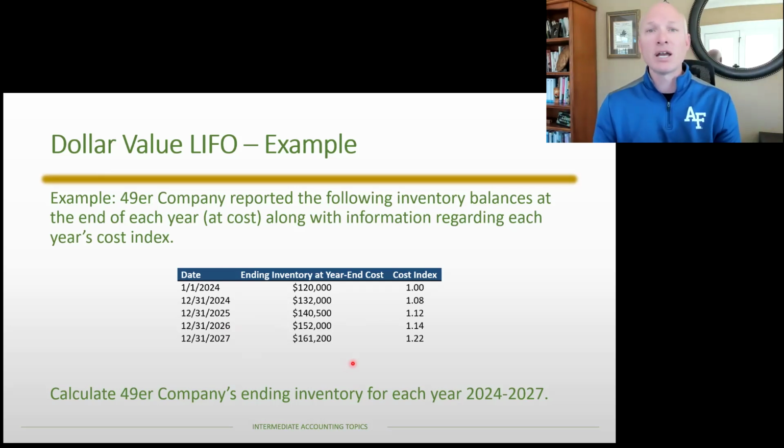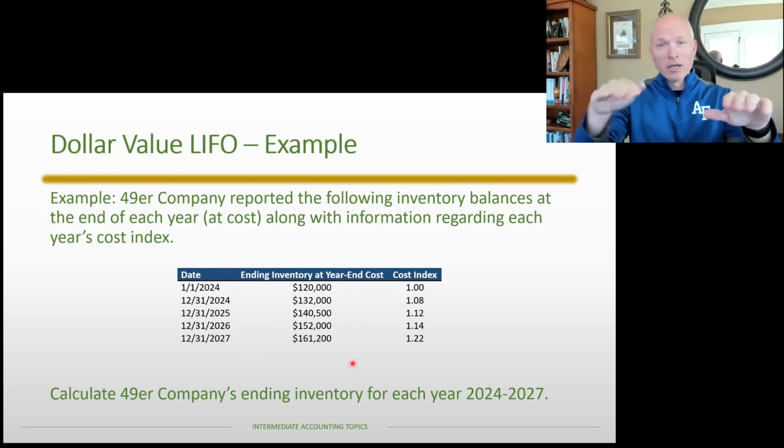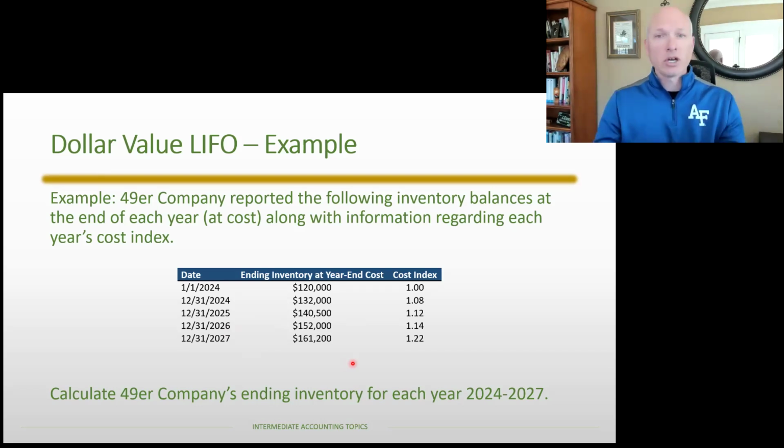Volume may or may not have gone up. Now remember, just to be clear, we only add a layer if volume goes up. We do not add a layer if only cost went up. And again, hopefully this will make a little more sense as we work our way through it. But that's what this chart means. This is the end of year or the current value of that inventory. This is the index, which tells you basically how much costs went up relative to the base year.